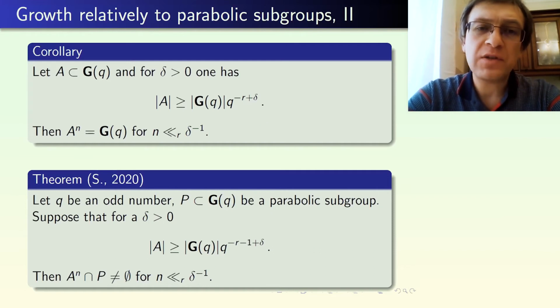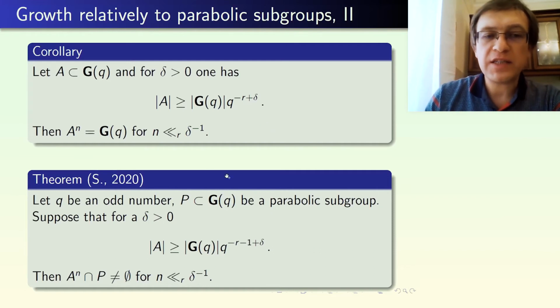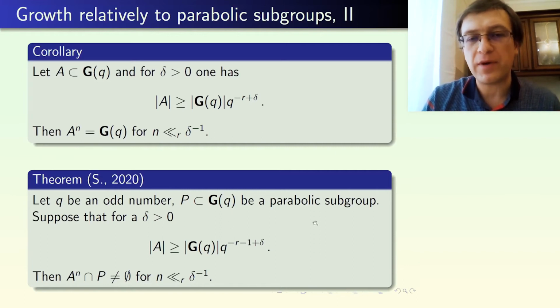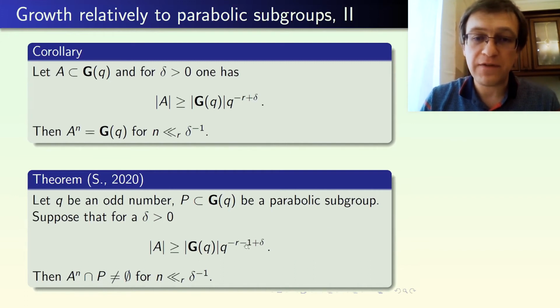I improved the result in my settings. I take a parabolic subgroup P, and I want to find n such that A to the n intersects P. If I decrease this R by 1, then I can guarantee that A to the n intersects P. This saving by 1 is crucial for us.